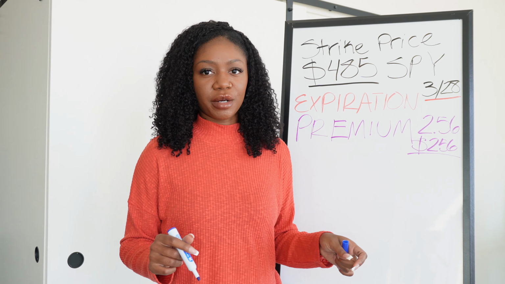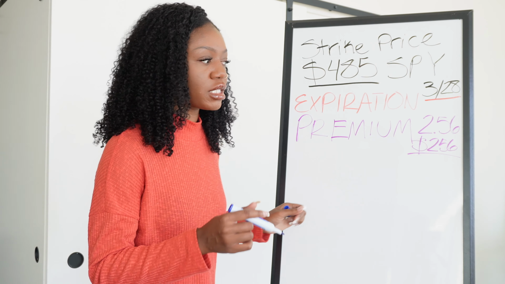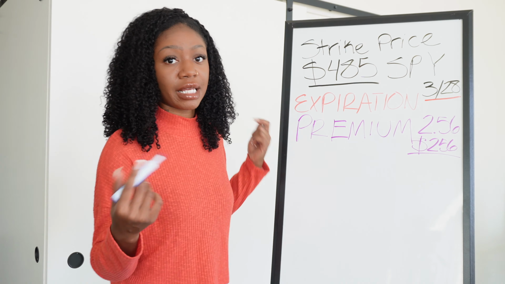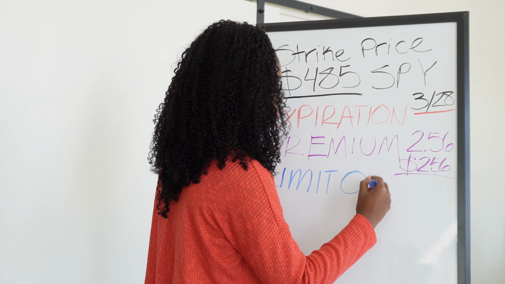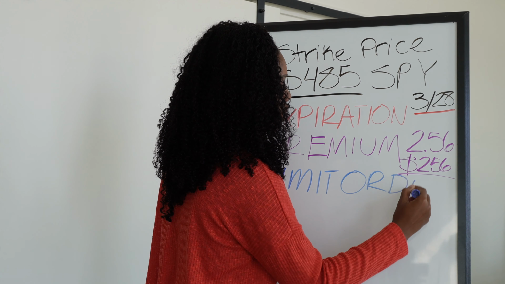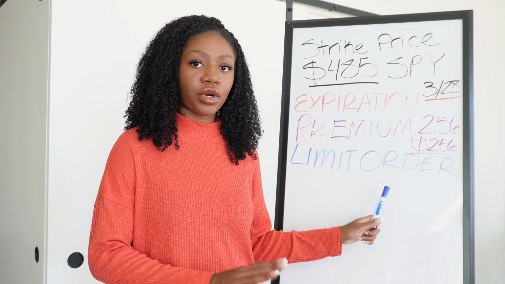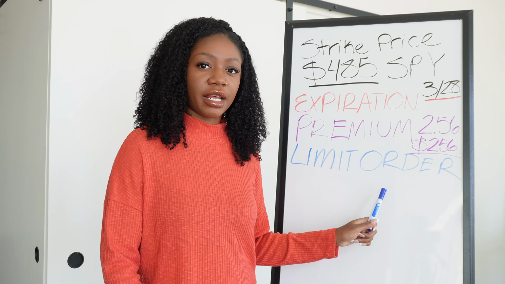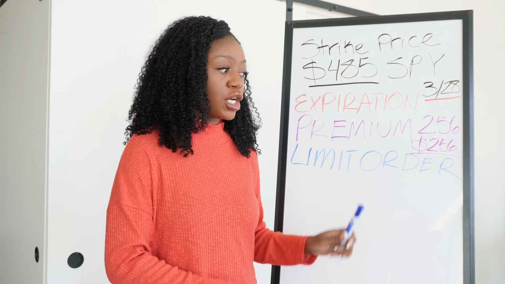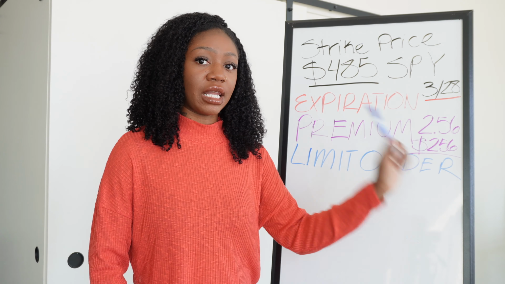The next term that would be helpful for you to know when it comes to trading stock options and trading in general is limit order. A limit order is an order that is placed on the market at a specific price. So there's market order and then there's limit order.